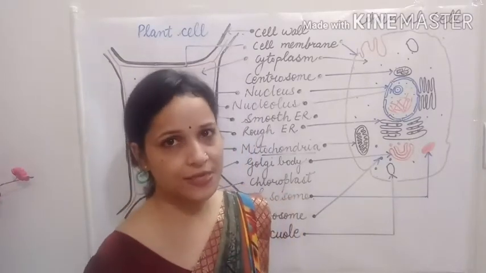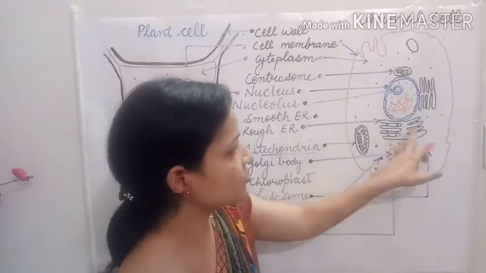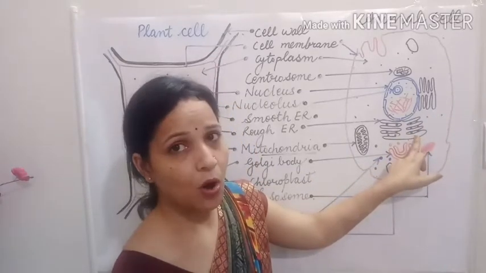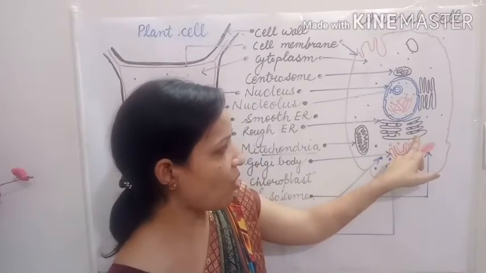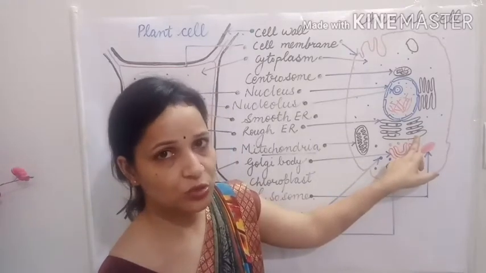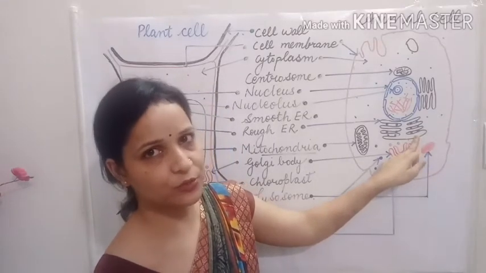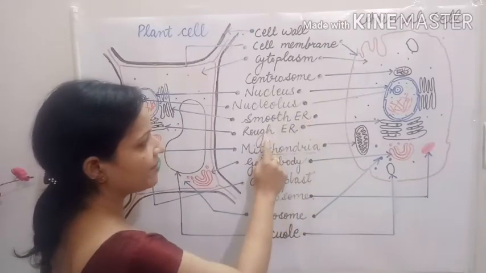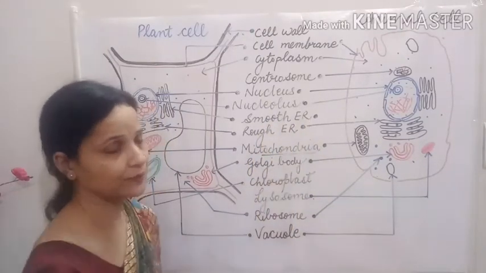Here you can see the difference in the structure of endoplasmic reticulum. On the basis of the presence of ribosomes, there are two types of endoplasmic reticulum: smooth endoplasmic reticulum and rough endoplasmic reticulum.